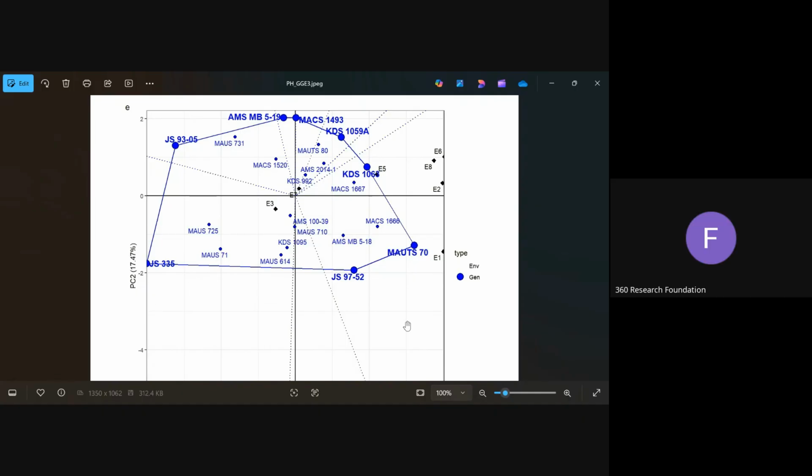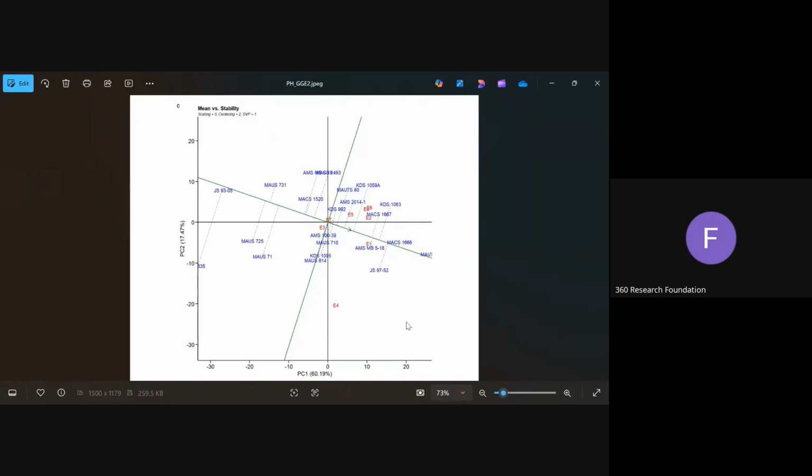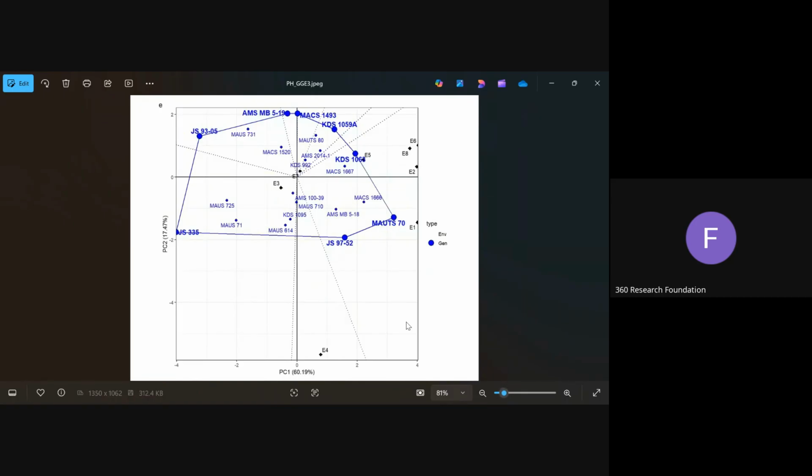So in this graph, you need to interpret genotype separately and environment separately. In previous graphs, we interpreted genotypes with respect to environment, but here you need to interpret them separately.